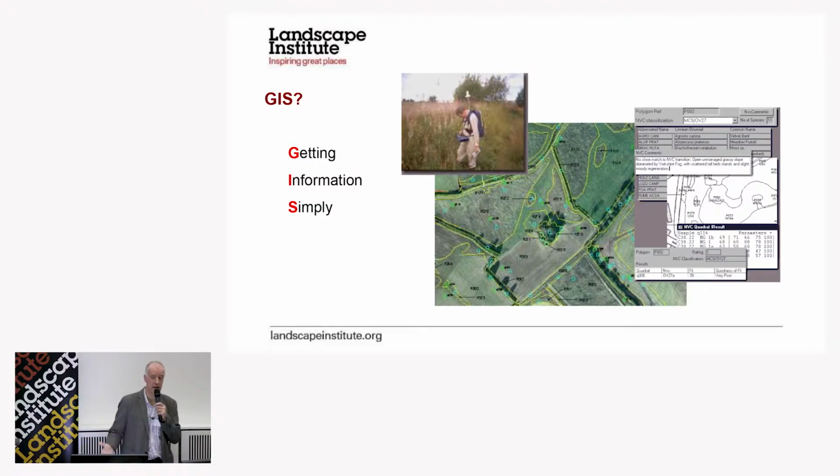And I often think about GIS really as getting information simply. I just need to know about something to get hold of it. Obviously there's ways of collecting that data, the old traditional ways of going out and mapping things out. Today, I think Darren's got an example of a point cloud, which is all digitally collected from LiDAR data. But what that does is it informs our decision-making process.